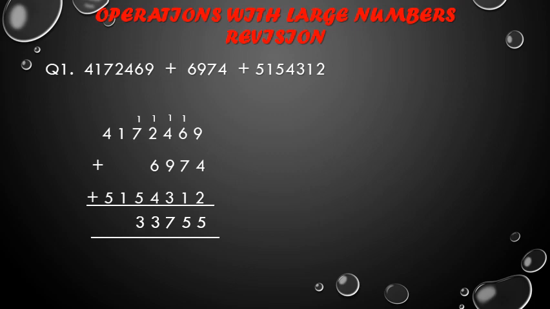And now again 1 will be carried to the lakh place. So 1 plus 1 plus 1 is equal to 3. And at 10 lakh place we have 4 plus 5, which is equal to 9. So our final answer is 93,33,755.